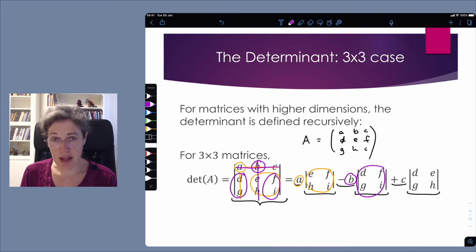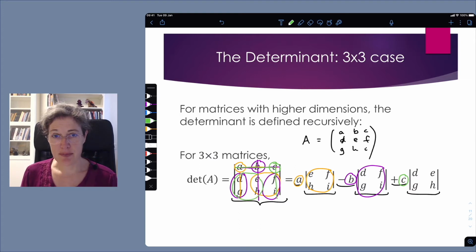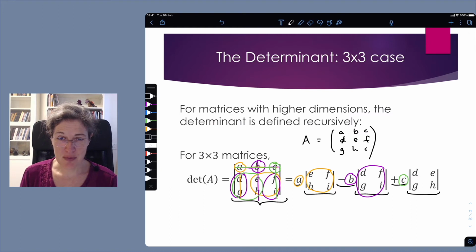And finally, if you're working out the C term, you ignore everything in the same row and the same column as C, and what's left is DEGH. So it looks a bit messy, but it's entirely doable, and also you'd mostly use a computer.